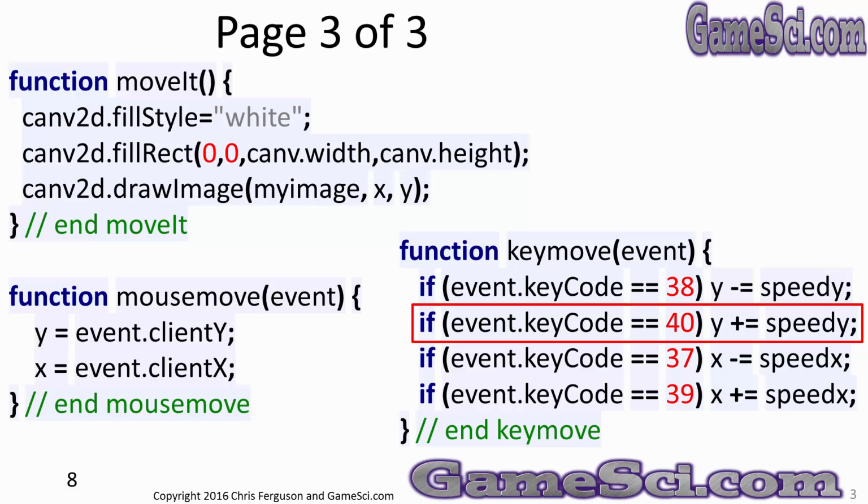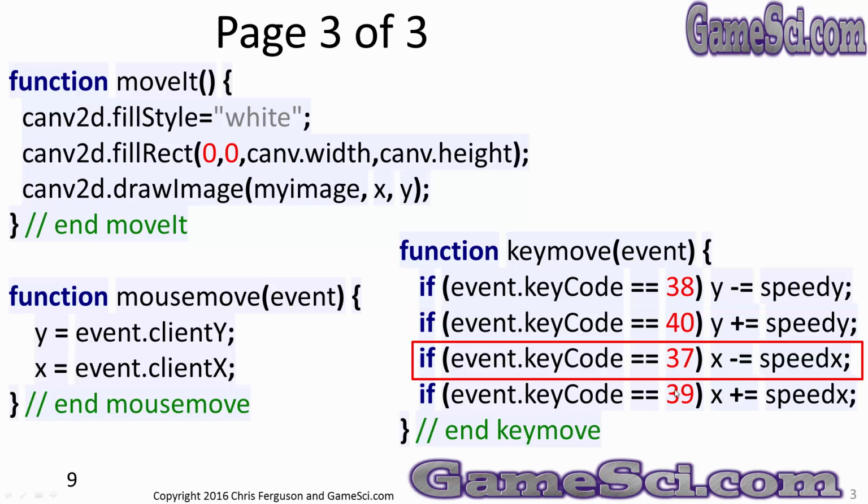I'm adding to y and storing the result back in y. Well, if y gets bigger, what happens to our character? Our character moves down the screen. When y gets bigger, the character moves down. When you press the down key, I want to move down 5. If speed y still contains a 5, I want to move down 5 pixels on the screen. That's the up and down arrow, as you can probably guess.